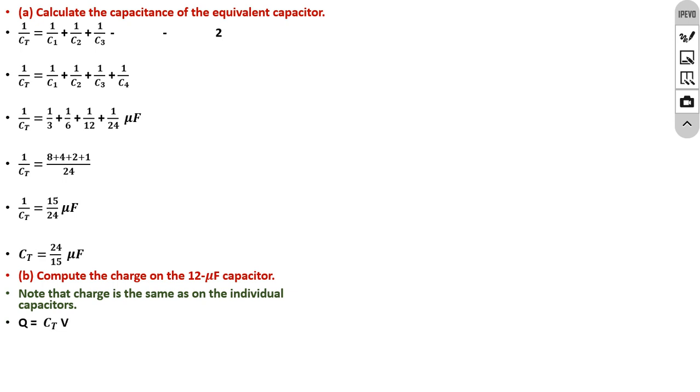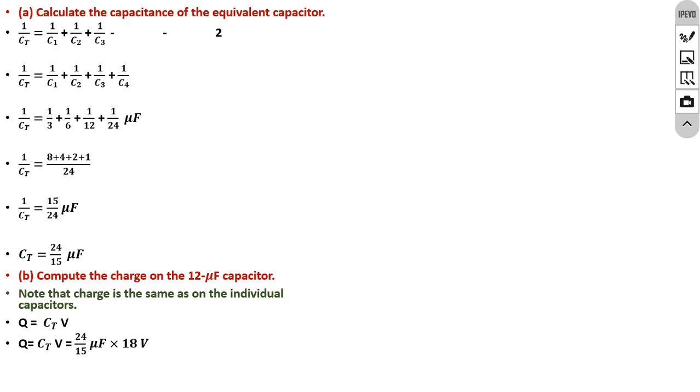So we use the expression Q equals CTV. To find the charge, it is the same across the capacitors, whether it's C1 or C2 or C3 or C4. If you are asked to find the charge on the first capacitor, you still use this expression. The second one, you still use this. The third one, and even the fourth one.